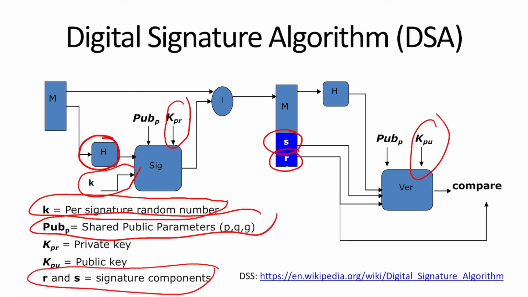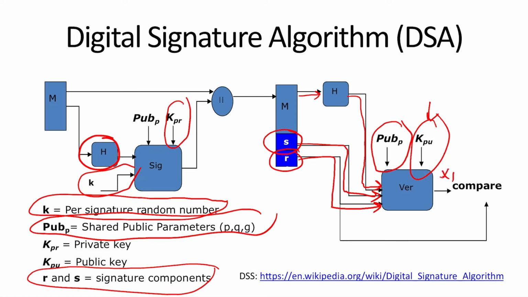On the receiver side or the verifier side, again, we recalculate the hash of the message and pass it as input to the verification algorithm, along with the two components of the digital signature, which are the values R and S, as well as the sender's public key and the shared public parameters.